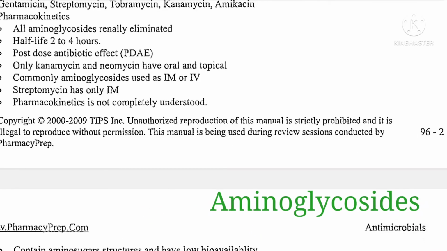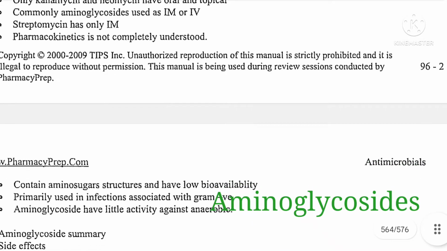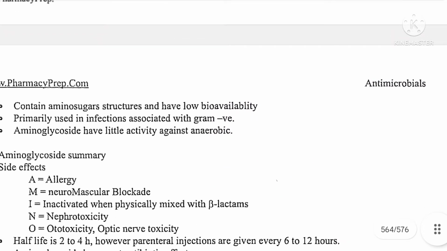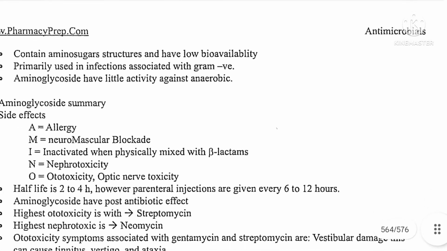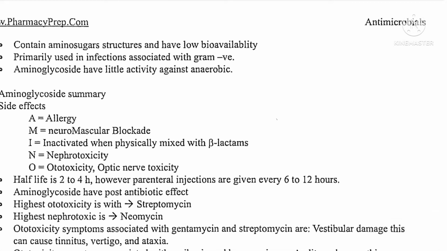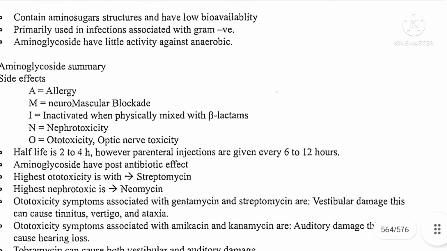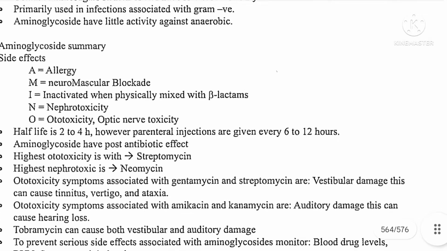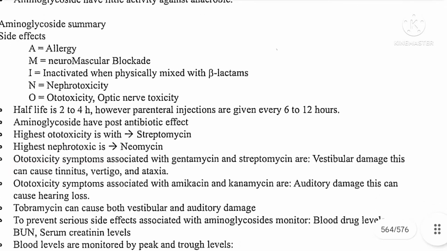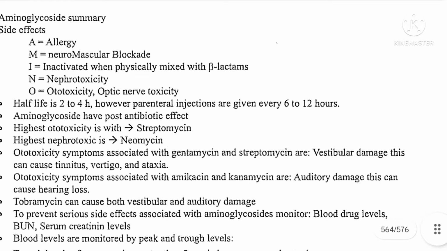Aminoglycoside kinetics are not completely understood; they contain amino sugar structures and have low bioavailability, and are primarily used in infections associated with gram-negative bacteria. Aminoglycosides have little activity against anaerobic bacteria. The summary of the aminoglycosides is in the word itself: AMINO.